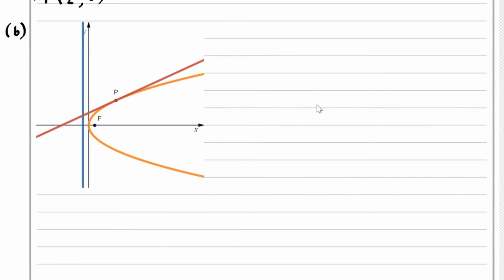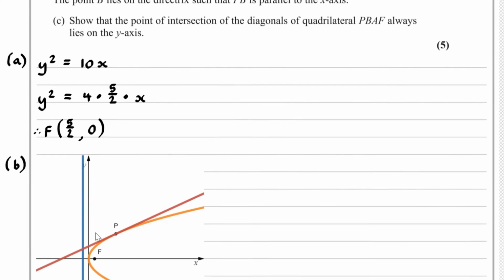Now, before we do anything else, we need to find out what dy over dx is. dy over dx is equal to 2a over y, and we know what a is.